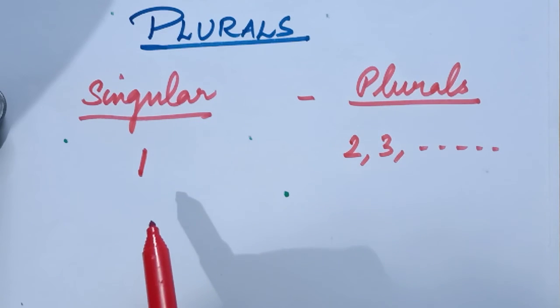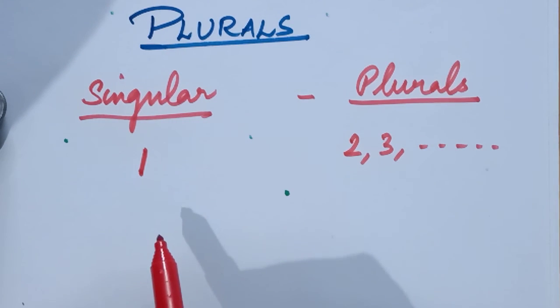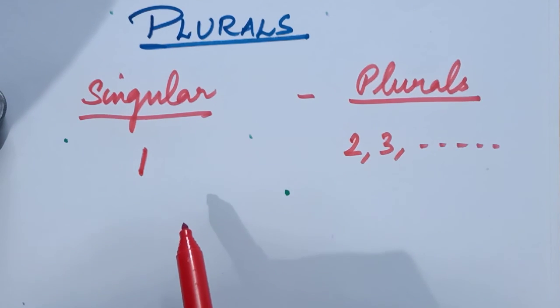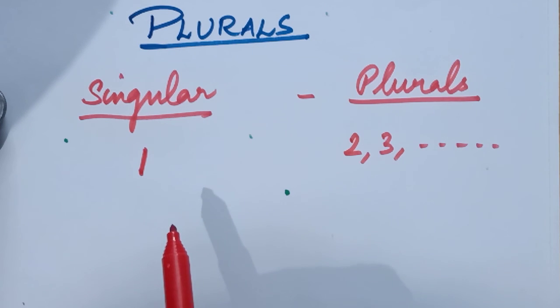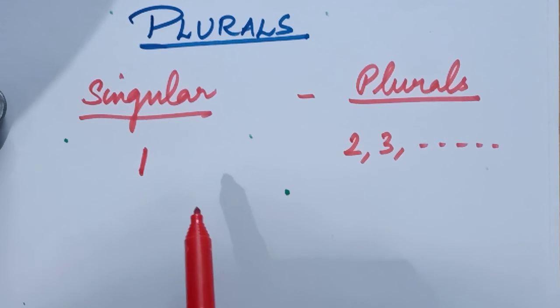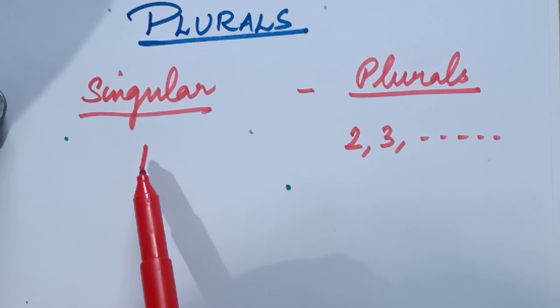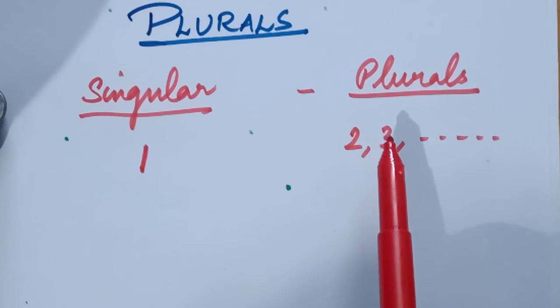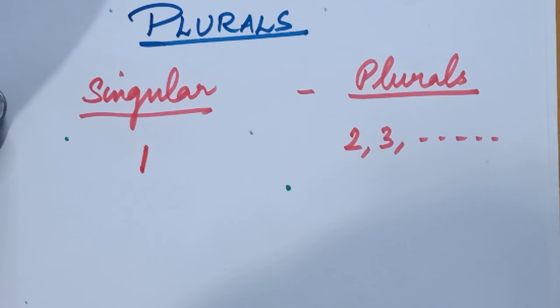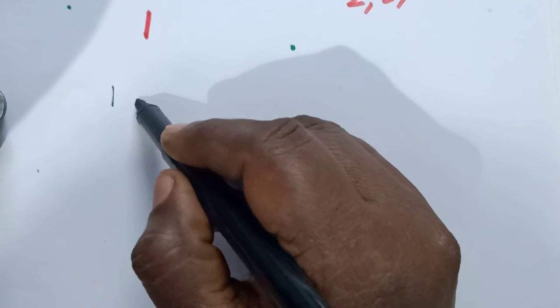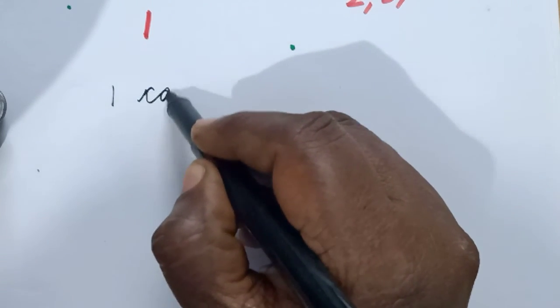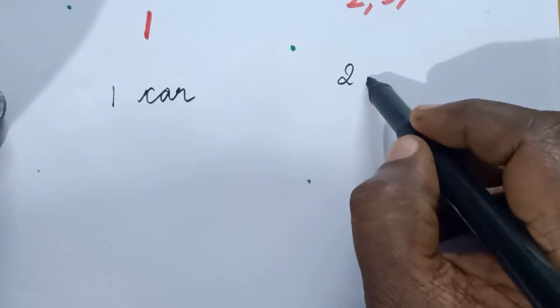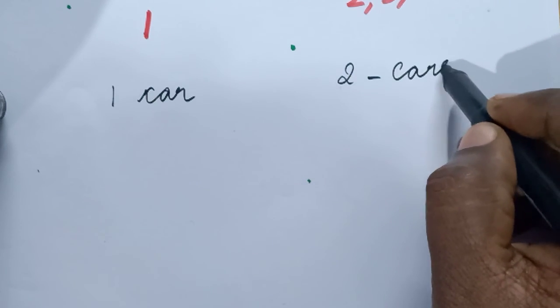So each and every noun has a plural form, isn't it? But there are some nouns which do not take plural forms also. But in general, all the singular nouns will take the plural forms. For example, how will you write one car, two cars.